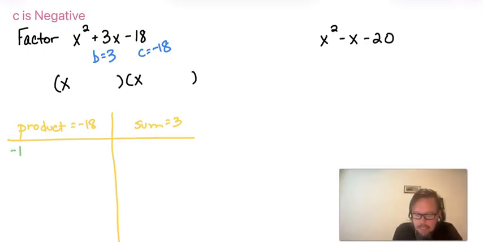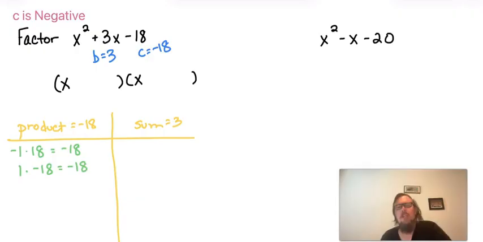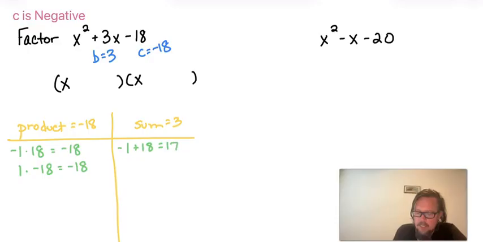So it could be negative 1 times 18, which is negative 18, or it could be 1 times negative 18, which is also negative 18. What's the difference? Well, negative 1 plus 18 is 17. But 1 plus negative 18 is negative 17.